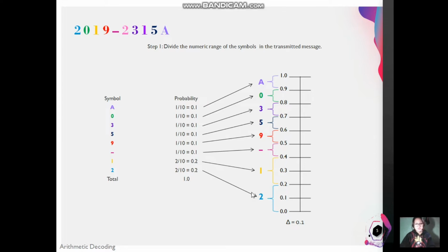What we're going to do is take the difference of the upper and lower boundary value of every symbol in the message and divide it by the number of symbols present in the message, which is 10. And that will be our delta step value. After that, we expand every symbol along with the range and further subdivide this into 10. And repeat the process until the termination character is encoded.